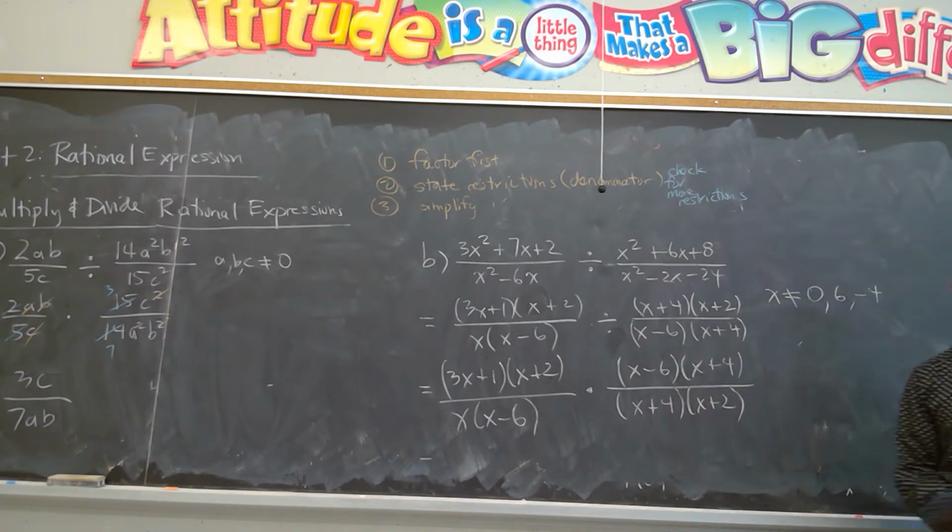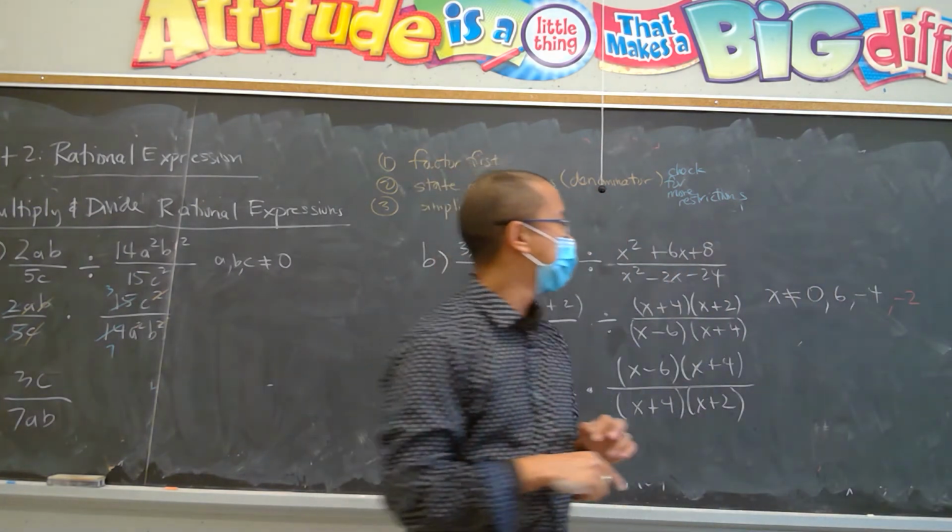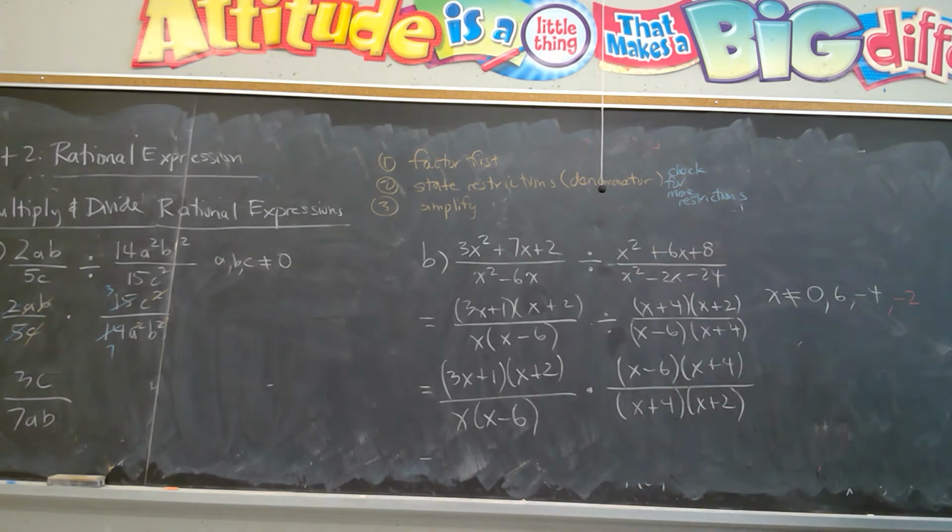And obviously the fraction that we flipped, which was the second one, we multiply by. So there might be more restrictions, this one's the negative 4, and this one is the negative 2. So the restrictions are 0, 6, negative 4, negative 2. Any questions about the restrictions that I just did?